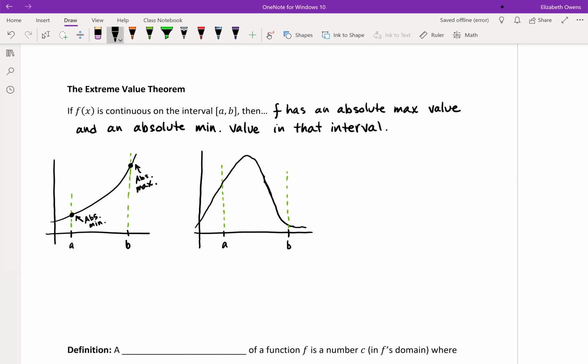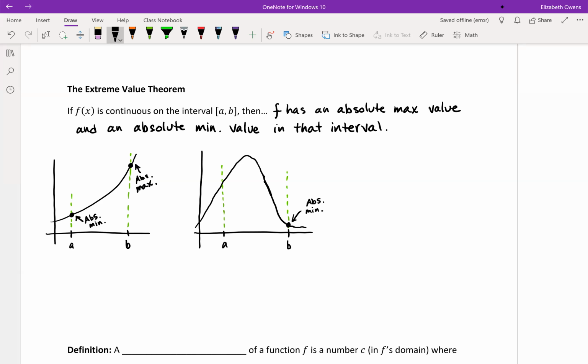All right. And so we are going to have an absolute maximum value and an absolute minimum value in our interval. So our absolute minimum, to start with the smallest value, that would be at an endpoint again here. That would be the function value at b. There's our absolute minimum.